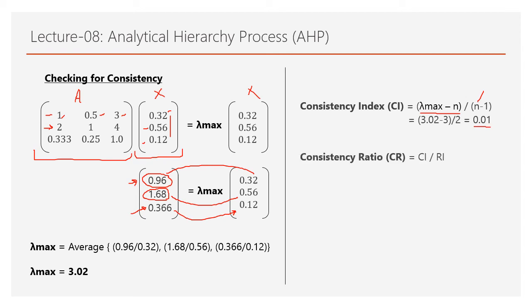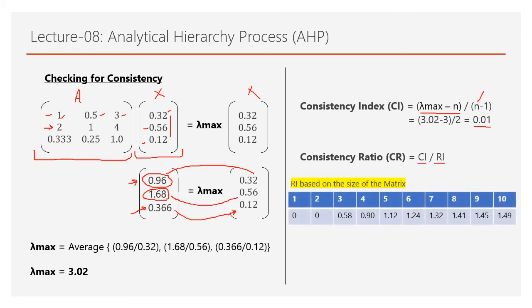To calculate the consistency ratio, I need to divide CI over RI, and RI, the randomness index, is based on the size of the matrix. You can find those values calculated online. For sizes 1 and 2 we have zeros, and for a 3 by 3 matrix it is 0.58, and so on and so forth.